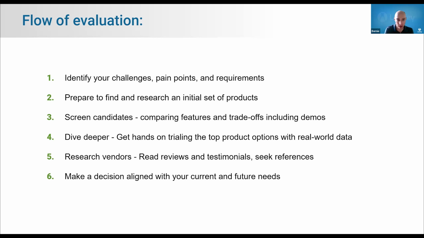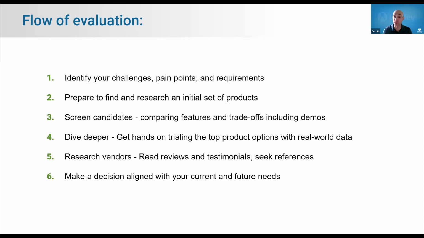So really quick, first is know thyself. What are the problems and inefficiencies that you want to solve? Identify your challenges, your pain points. Second, prepare yourself to interact with vendors and their products, armed with the knowledge of how to make important decisions. And third, know the products and companies you'll be investigating and screen the vast cornucopia of available options.